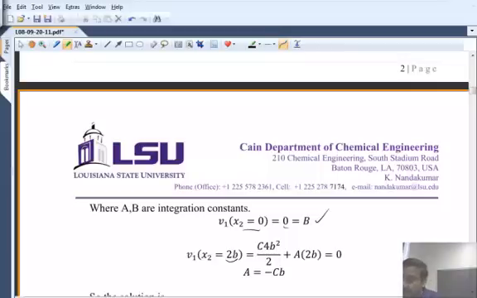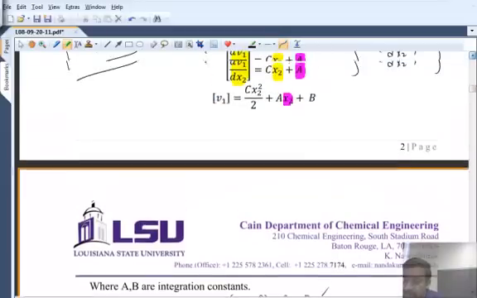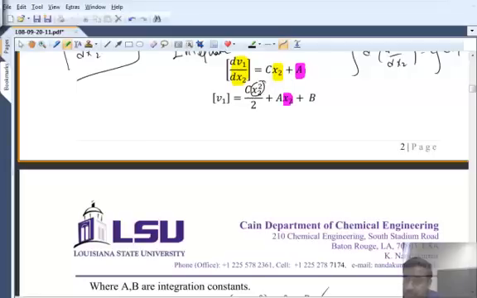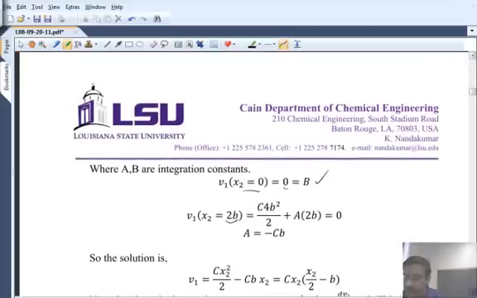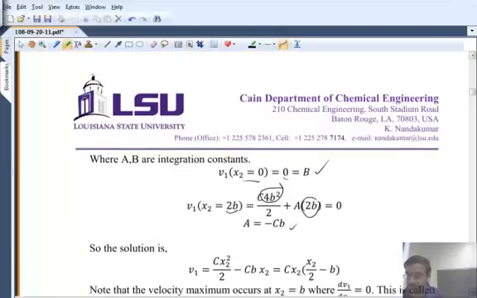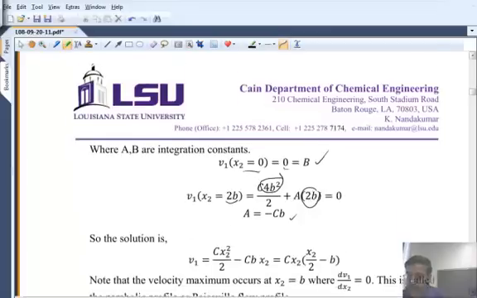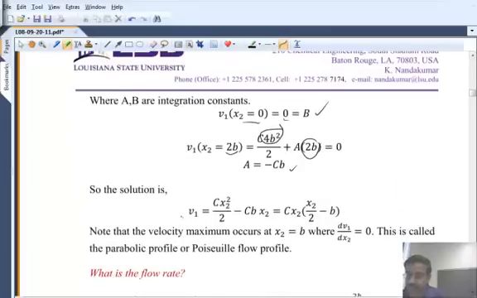So here, wherever you had x2 in this place and in this place, you substitute 2b. Okay? So that becomes 4b squared, and this becomes 2b, and once again you set that equal to 0 on the right hand side and solve for a, and so a becomes minus cb. And so the solution is, after you substitute for a and b, you get this expression.